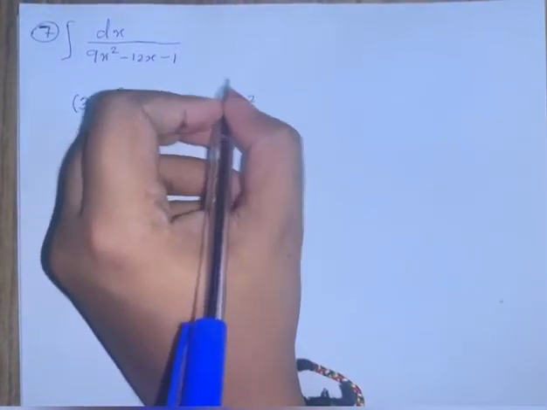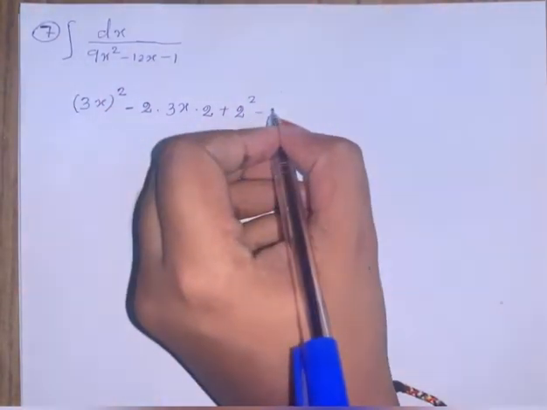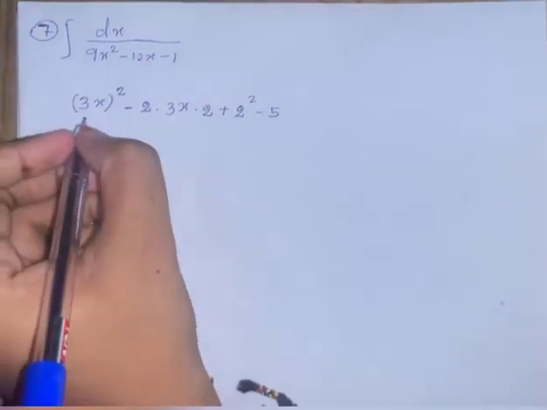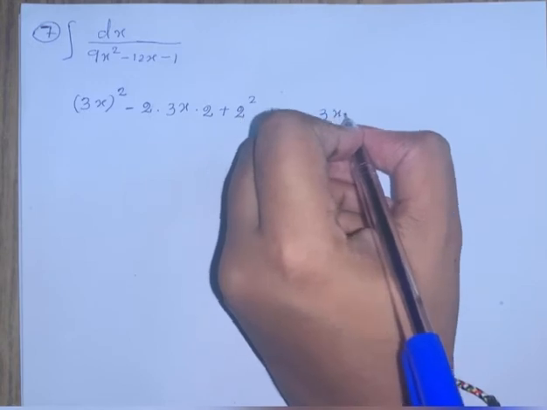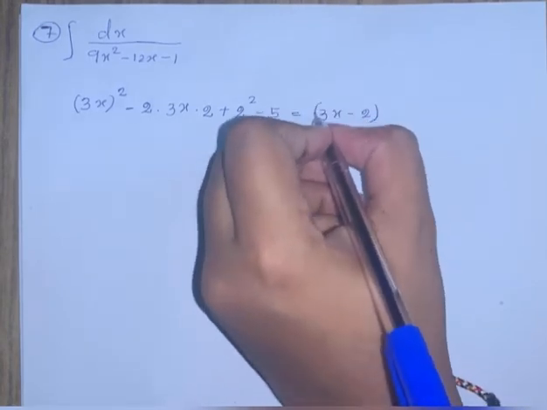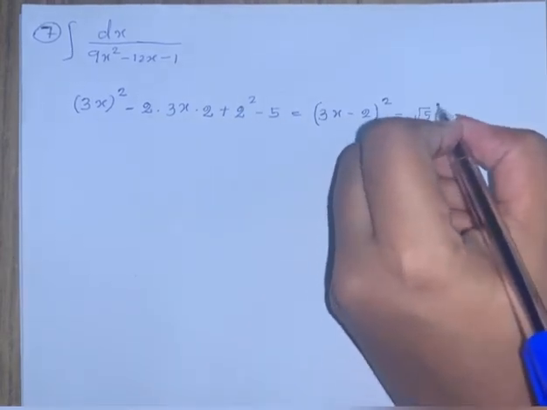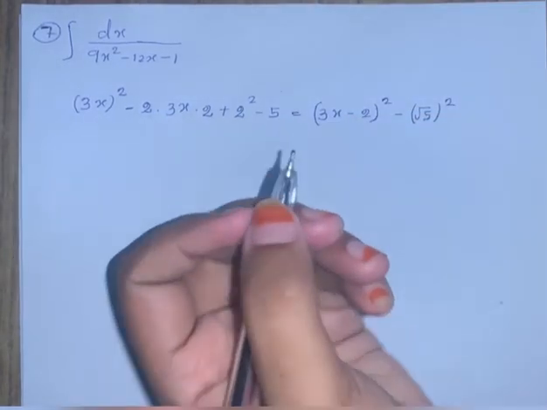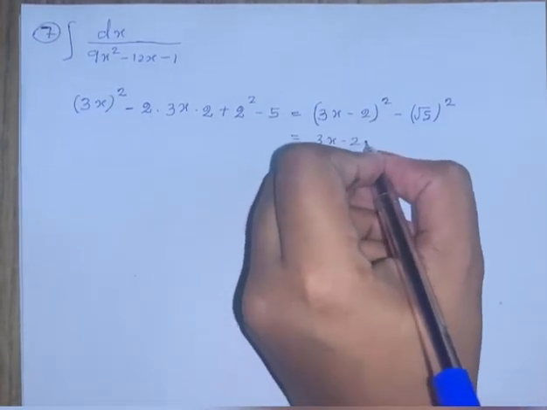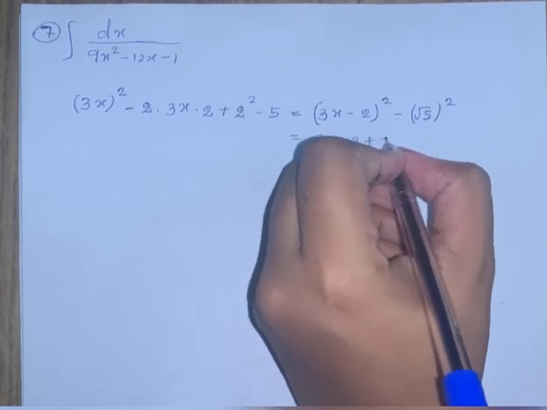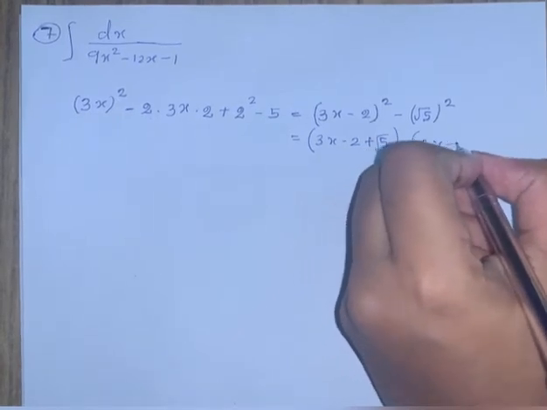So b will be 2, so 2 squared we want minus 1, so we have to minus 5. So if we write this, 3x minus 2 whole thing squared minus root 5 to the power of 2 we can write. So it's like a squared minus b squared, so we can factorize them a plus b, a minus b in that form.